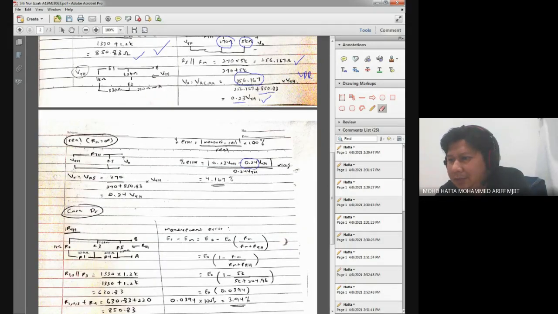And you are considering Rm is infinity, okay. If Rm is infinity, it means that we only have this 270. No. If Rm is infinity, okay, what happens if this branch is very high, and we parallel it with something which is small?